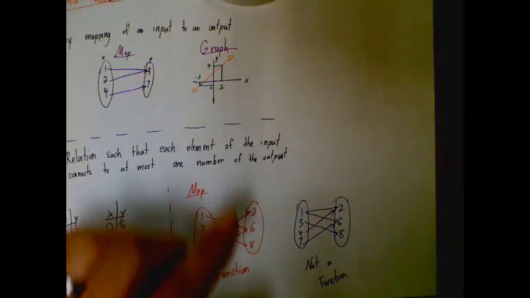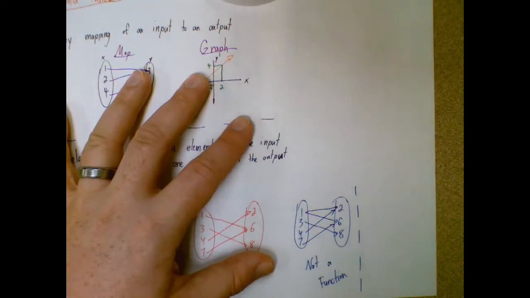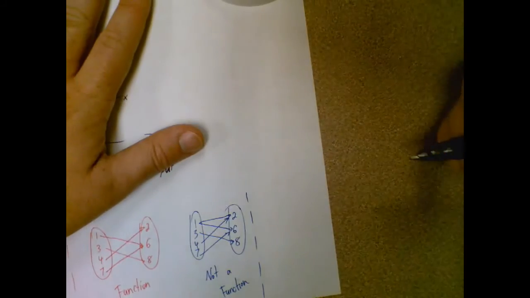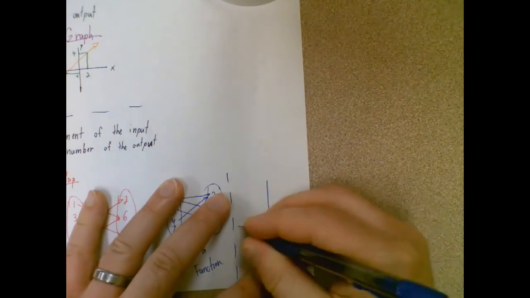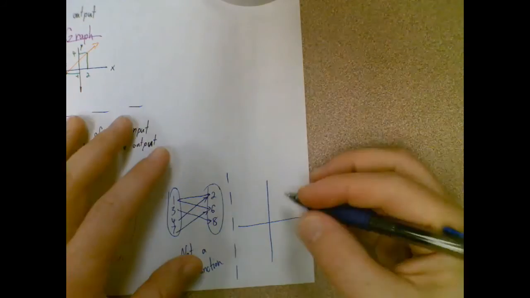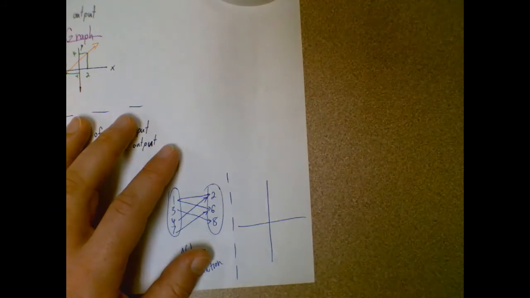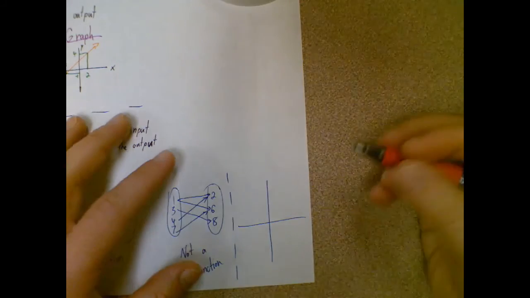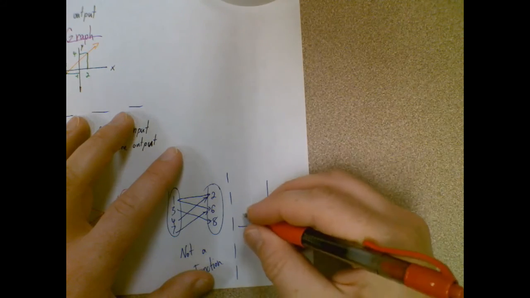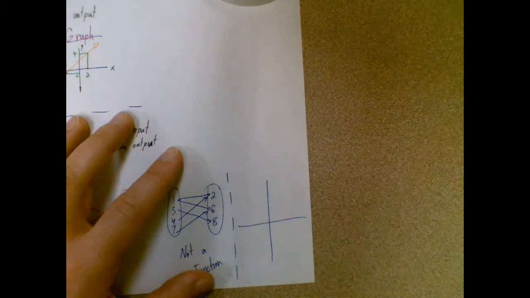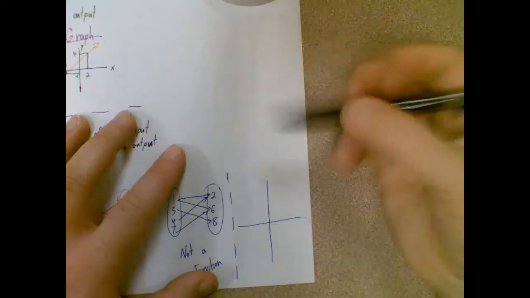All right. Last but not least, we're going to look at graphs really quickly. And these ones take some practice, but after you get a handle on them, they're really not that bad. So if I have a graph, all I'm looking for is something called the vertical line test. So we'll do 2 graphs, see the difference between them.